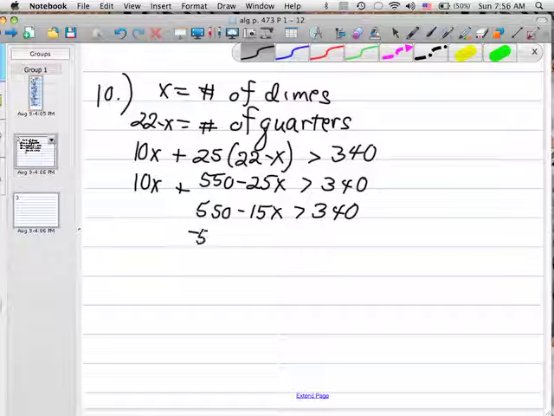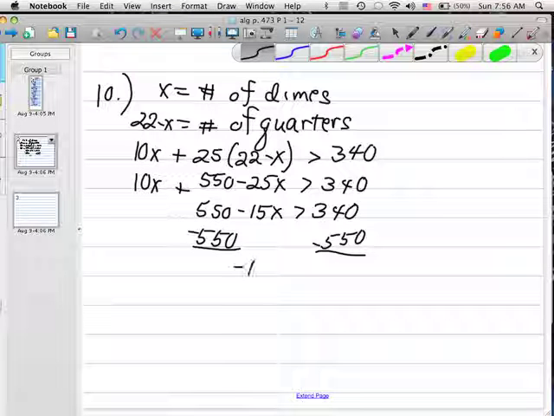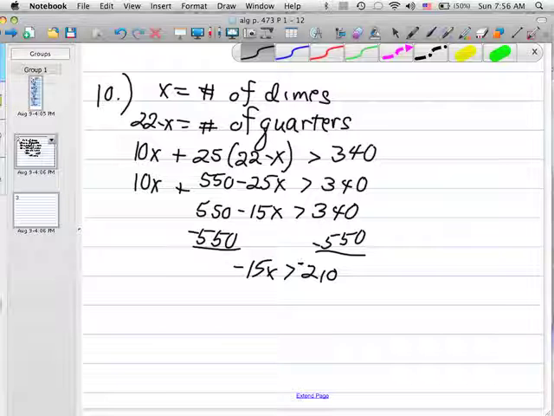Solving for x, subtract 550, and we have negative 15x is greater than negative 210. Divide by negative 15.